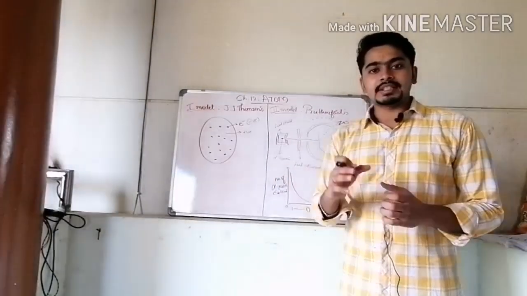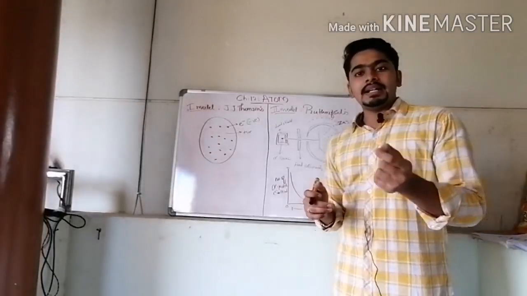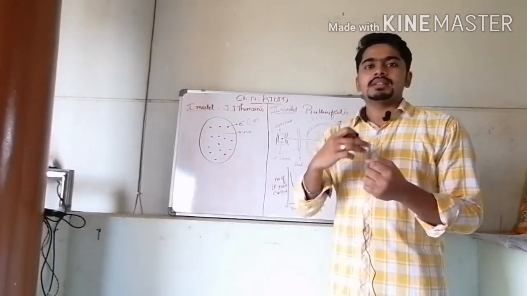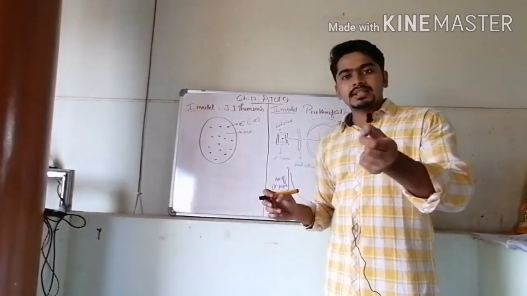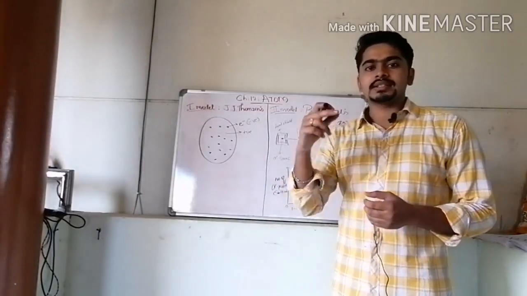With their different experiments, that is Rutherford's alpha particle scattering experiment, he finally gave a little more information regarding the accurate structure of atom, as well as the discovery of the nucleus.